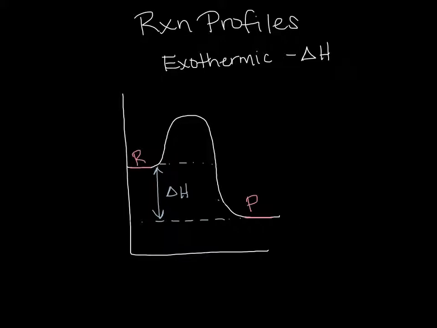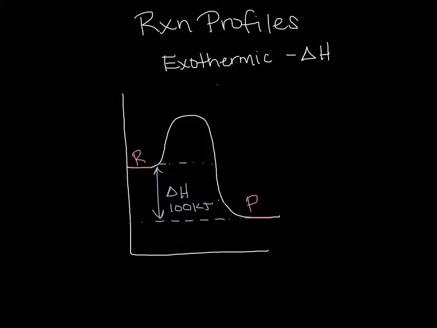So I can put a numeric value and say that, let's say this is equal to 100 kilojoules. So what this is saying is that this reaction, my forward reaction, going from left to right, from reactants to products, is going to release 100 kilojoules of energy.